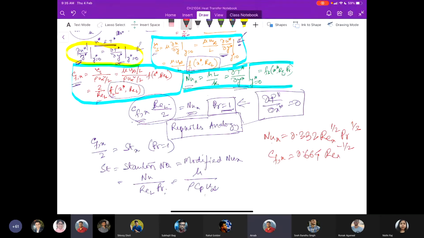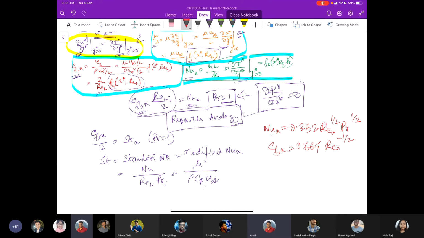So what has been done is that if we take the ratio of these two and rearrange it, we get basically the modified Reynolds analogy. And that looks like REL by 2 equals Nusselt number and Prandtl number to the power minus 1/3.